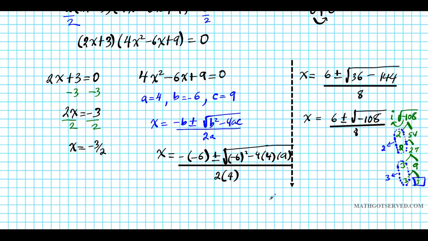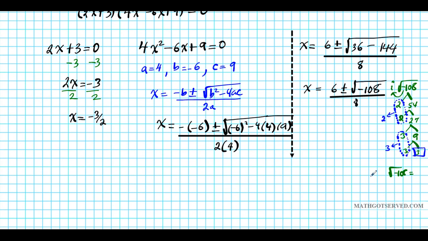So the square root of negative 108 is 2 times 3, which is 6. Don't forget the i, and then the 3 remaining behind. So it's 6i root 3.